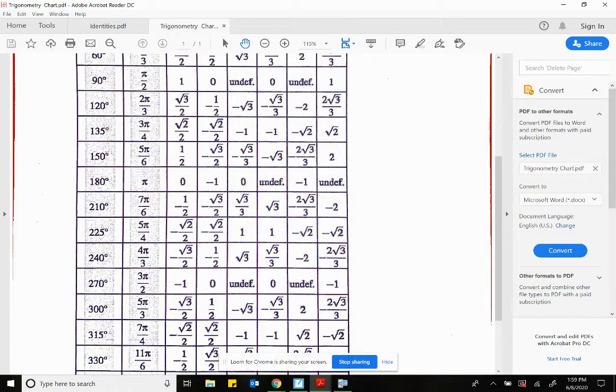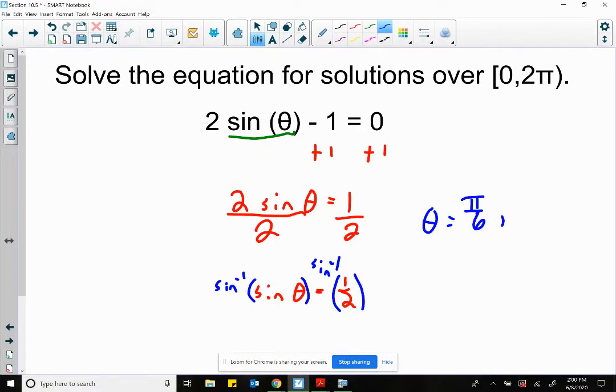Should have been in quadrant 4. Well, oh no, I take that back. Yeah, that's right. It is 150. It's right here. There's your other one. So 5 pi over 6. It's actually not in quadrant 4. That was for something else, which we'll talk about later on. So positive 5 pi over 6, if I remember right.